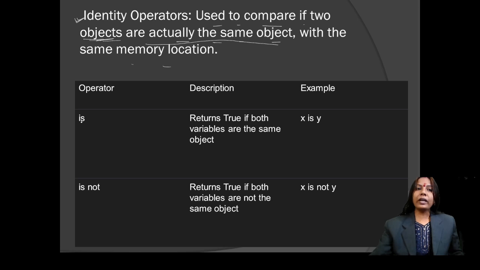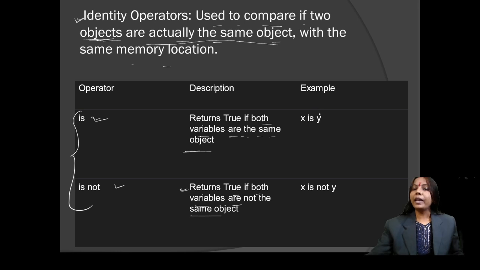Here I listed two operators: the first is the is operator and the second is the is not operator. The is operator returns true if both variables are the same object, and the is not operator returns true if both variables are not the same object.